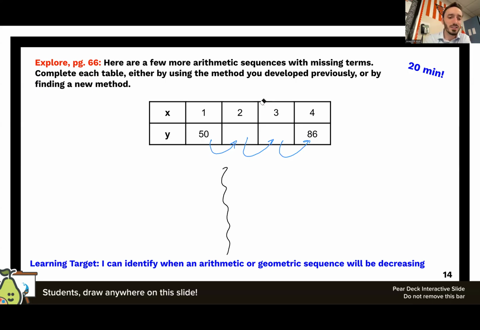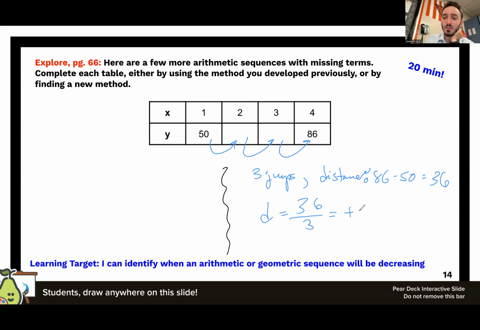But if I think in terms of jumps, I've got to go 3 jumps and cover a distance of 86 minus 50. So I've got to cover 36 units in 3 jumps. That tells me my common difference is 36 broken into 3 groups, so plus 12.